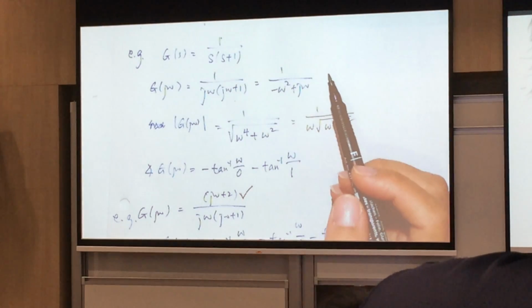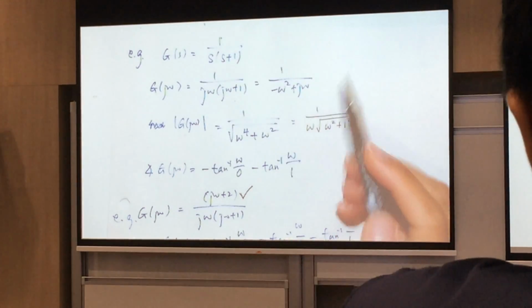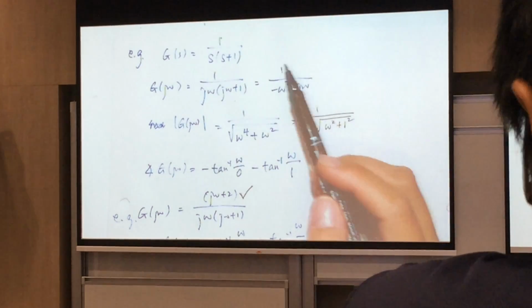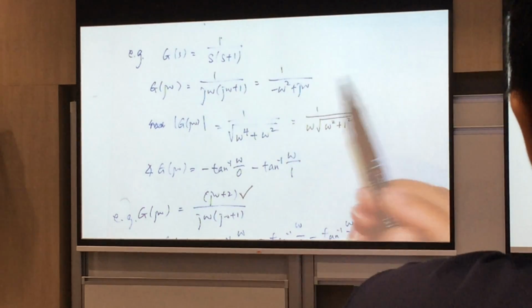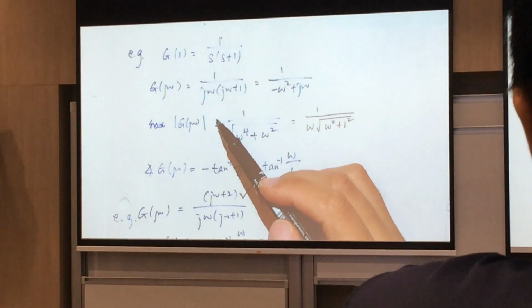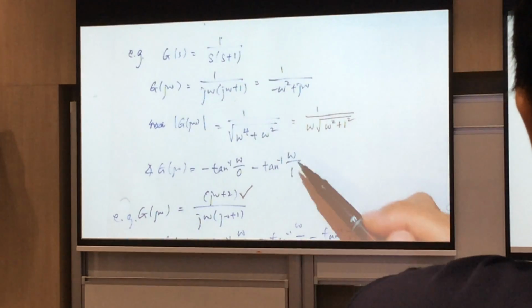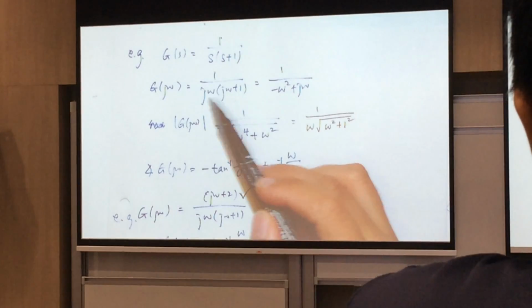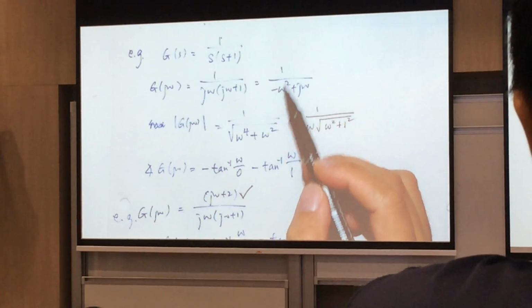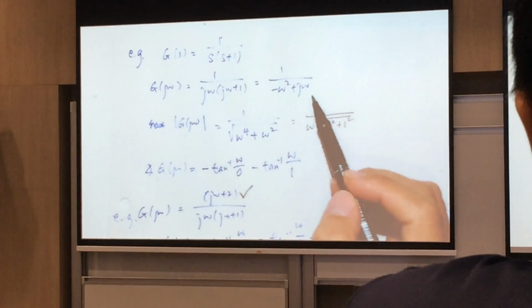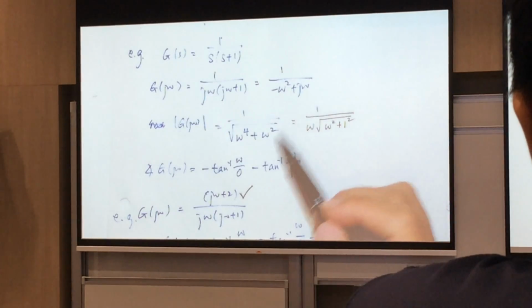Last week we stopped here, and the message is that there are many ways to write the gain. Some of you may want to multiply out, and you get minus omega squared plus j omega, and from here work out the gain.